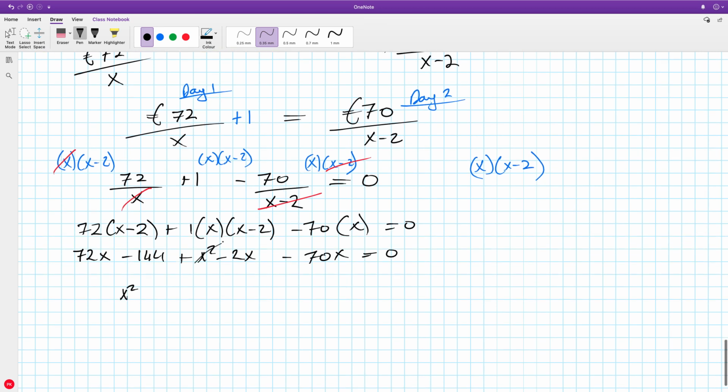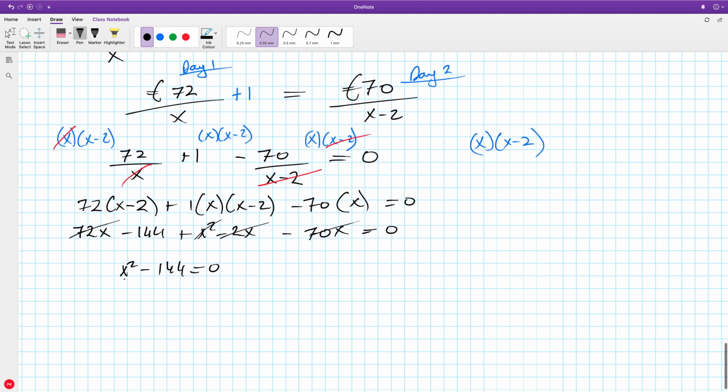The 72x, minus 2x and minus 70x all knock each other out. x squared minus 144 is equal to 0. Difference of two squares, x and x, or minus b, whichever you want to do. Minus 12, plus 12. X is equal to 12, and x equals minus 12.